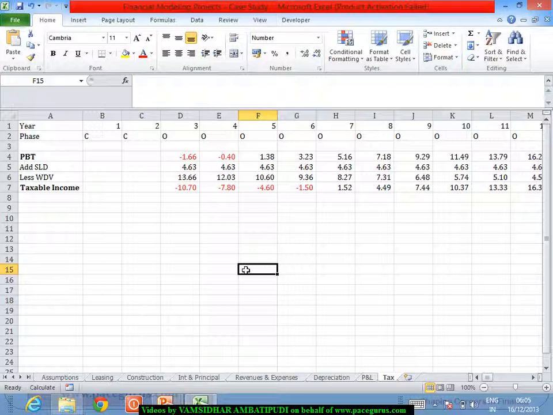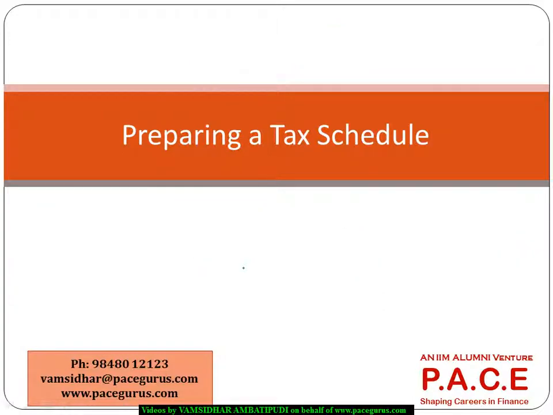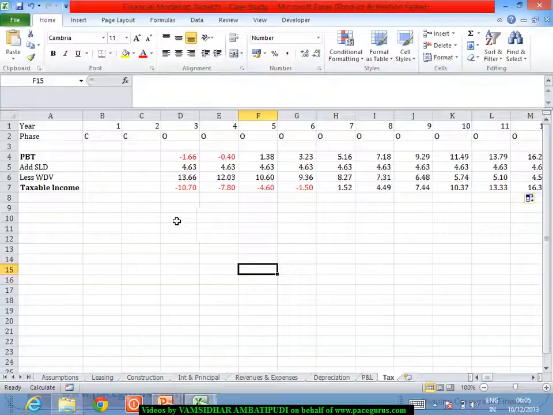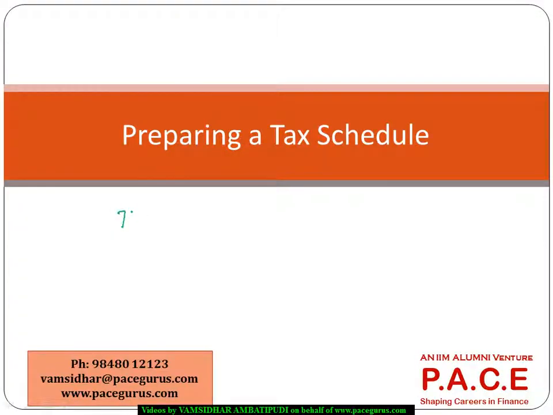One more thing we have to be comfortable with is, here we have three scenarios to look at. In case of taxing, we talk about three scenarios. One, if the taxable income is less than 0, logically speaking, no tax is applicable.